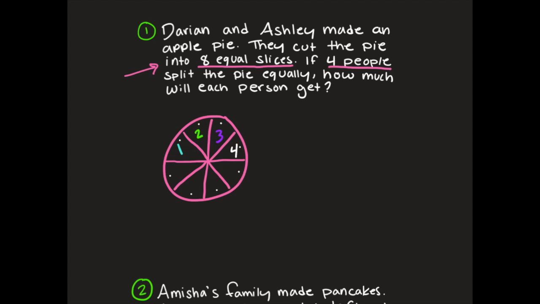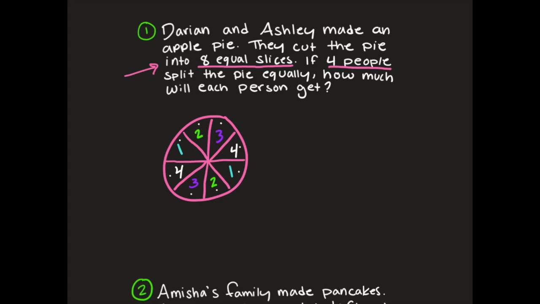So right now they can each get 1 full piece, and I have 4 remaining pieces, so I'm going to go ahead and label that. Here's person number 1, number 2, number 3, and finally person number 4. So now if I go back to my question, I need to know if we split this pie equally, which we did, how much of the pie will each person get?